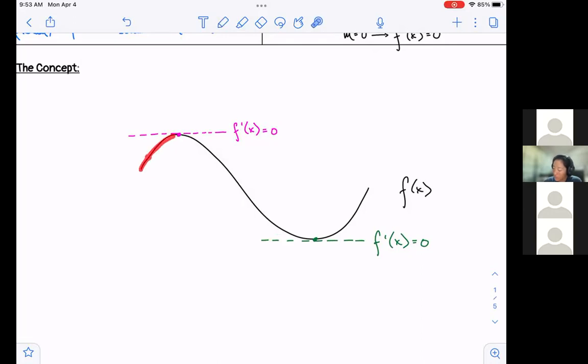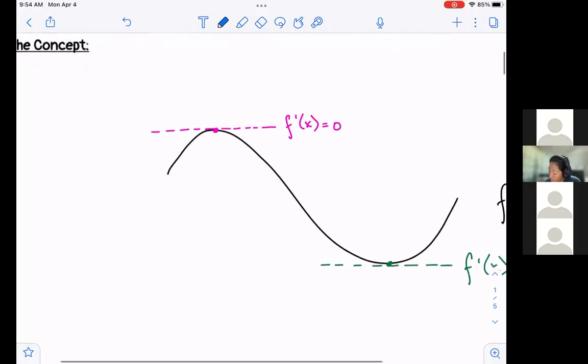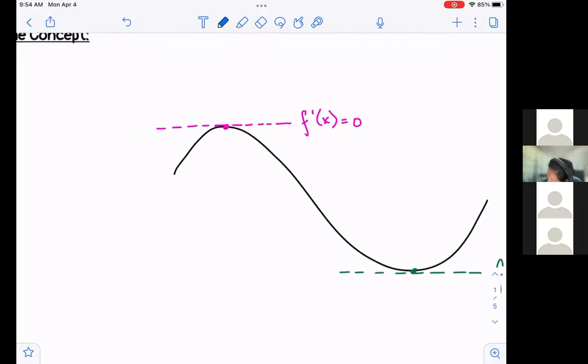This part right here. Yeah, we don't know what they are. We don't know an exact number for it. Like we can't say the slope is 2. We can't say the slope is 15. We don't know. But we do know that it's going to be positive, right? So we might even say over here that f prime of x is positive, right?